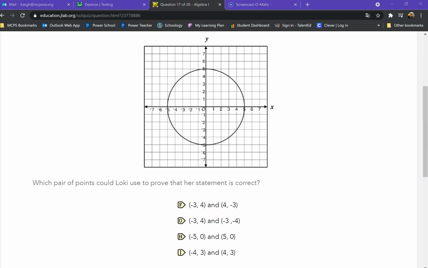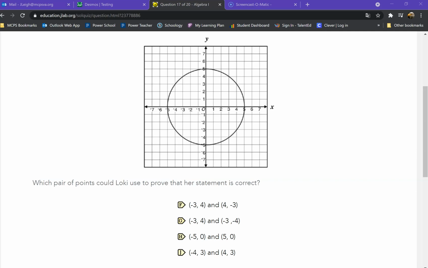Alright, so what you're looking for here is you do not want your x's to be repeating. Because remember, for something to be a function, it's got to pass the vertical line test. So the 2 points that would end up touching on here, because they have repeating x's, are -3 and -3.